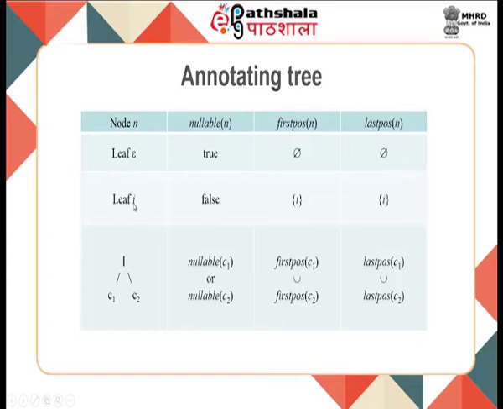Supposing the leaf is labeled with any other character i, call it A, B or whatever it is, any input symbol A or B, then I will say the nullable of that particular node is false. Okay, this is obvious.